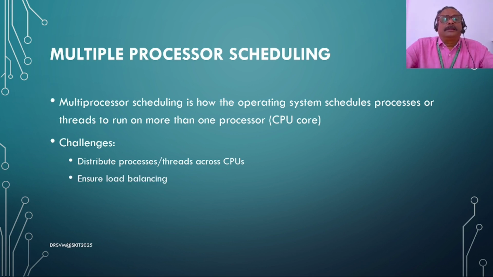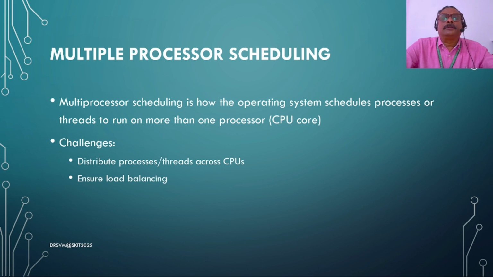The other challenge is that while distributing, we should ensure that the load is also balanced. We are not sure at the time of allocating a CPU to any process how long the process is going to run. It is all dynamic in nature. There is nothing predefined that this process is going to run for this unit of time.